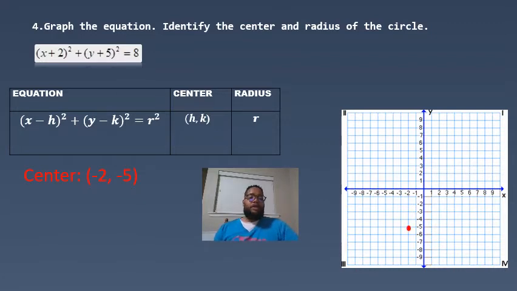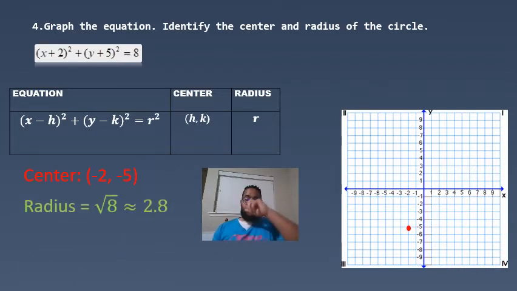Now I told you guys to use the decimal. It is approximately 2.8. I'm not going to go any more accurately than that because I'm really using it to plot something on the graph. And 1 decimal point is accurate enough if you're trying to just plot on a graph.